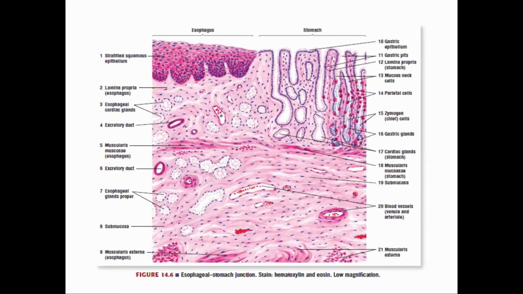They are the oblique, innermost, then the intermediate is the circular, and outer is the longitudinal. So in the stomach only, it consists of three layers of unstriated muscles: oblique, circular, and longitudinal.